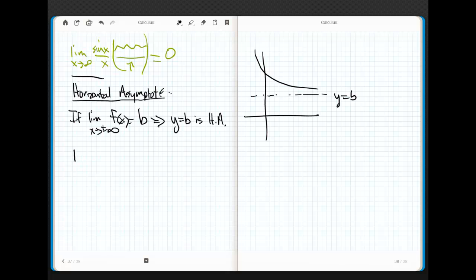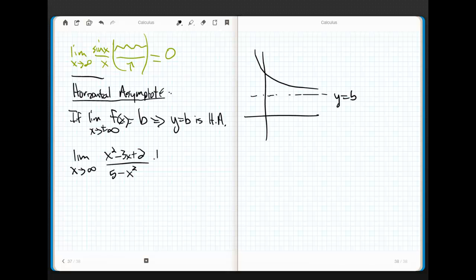Ready? Let's say that I want to take the limit as x approaches positive infinity, just to keep it simple, of x squared minus 3x plus 2 over 5 minus x squared. On the face of it, it can be really tricky to say, okay, wait, I'm taking a limit at infinity. What does that imply?